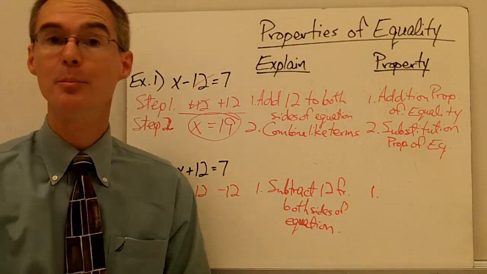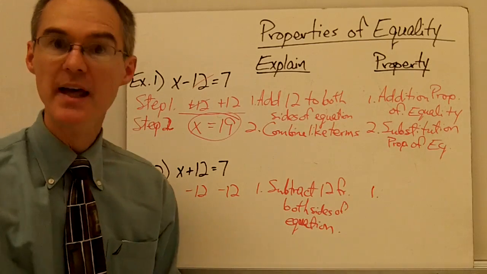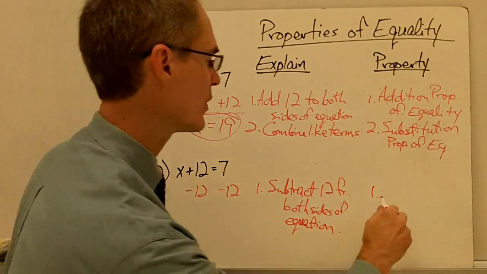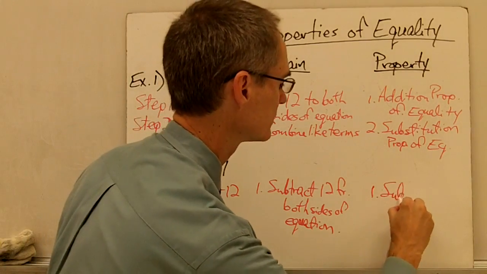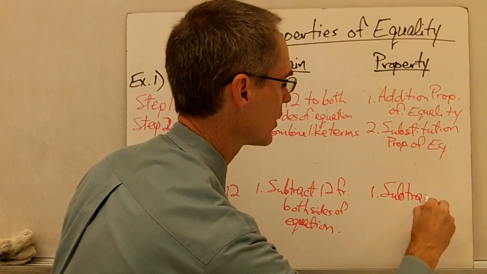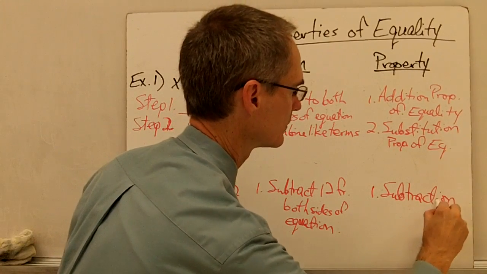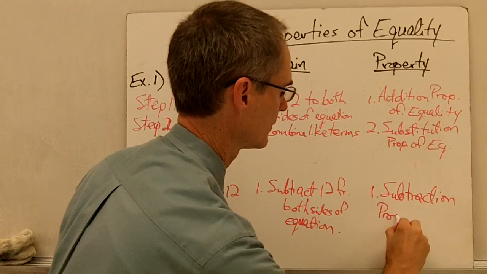The name of the property that tells me that I can subtract 12 from both sides of the equation is called the subtraction property of equality.